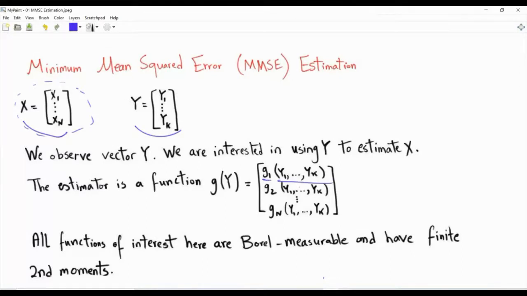So g1 will take the observations y1 up to yk, and then it will give us an estimate for x1. g2 will take y1 to yk, our measurements, and then it will give us an estimate for x2, and so forth. Okay, and so now the question becomes, how can we design those functions in a meaningful way?